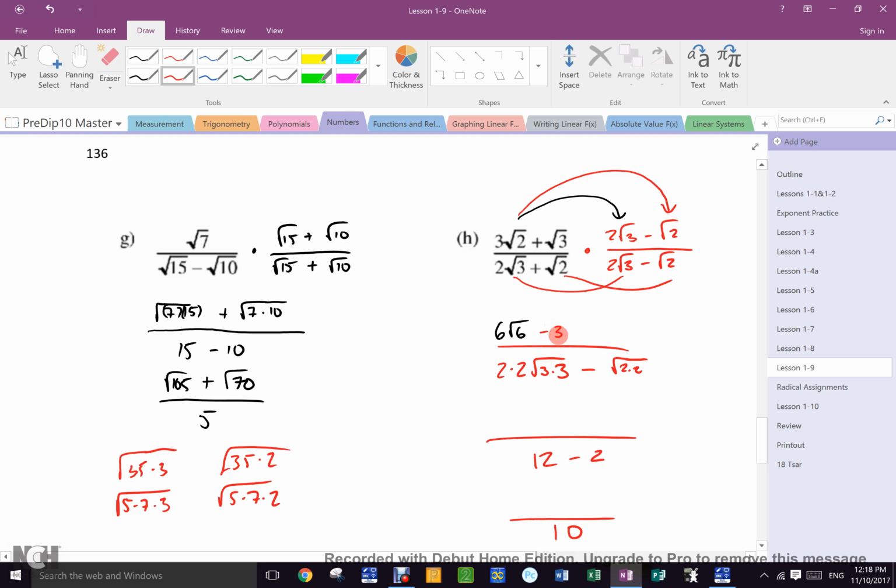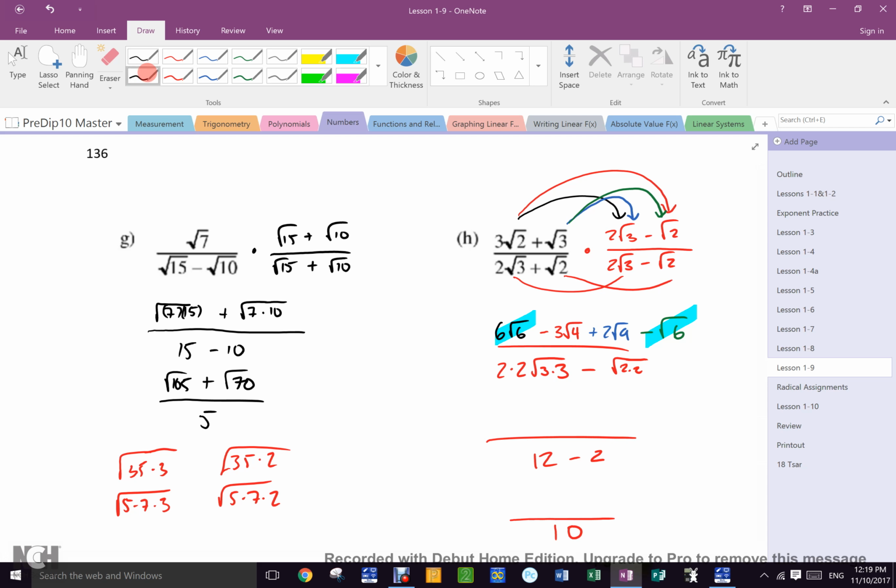Right, minus 3 root 4. We're going to write it out longhand because we're practicing. What's that? Plus 2 root 9. And what's that? Minus root 6. Now, what do I do with that and that?